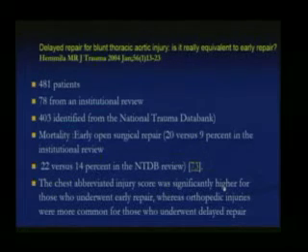So 20 in early and 9 in the late, and 22 in the early in the National Trauma Data Bank, and 14 in the late. The chest injury score was significantly higher for those who underwent early repair, whereas orthopedic injuries were far more common in those who underwent delayed repair.